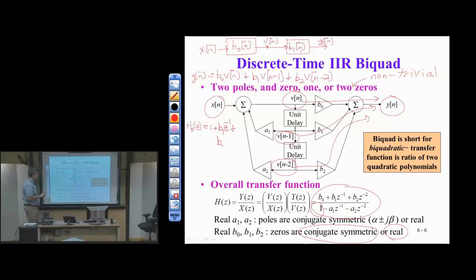So it's an FIR filter. That's h1 of z. Right, that's the route from v of n to y of n.